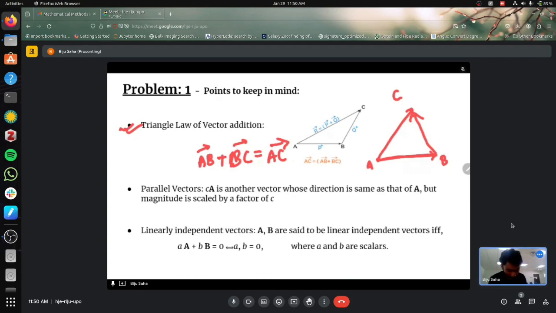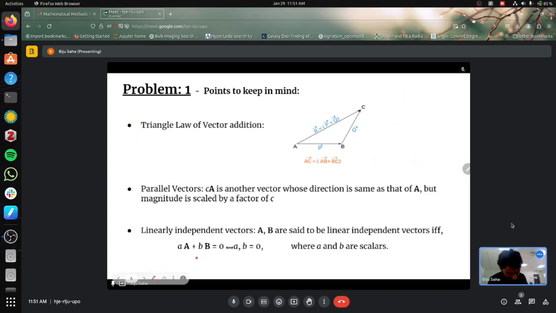So this is the triangle law of vector addition. Now the next concept is the case of parallel vectors. Suppose we have a vector, denoted as A, and any other vector which is parallel to this vector, let's say this is that vector.